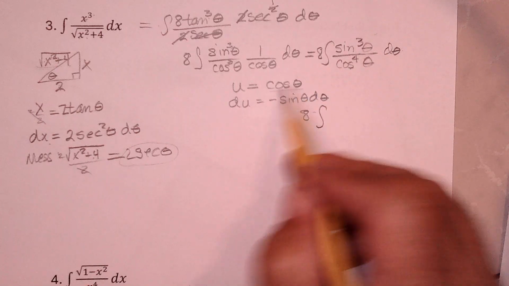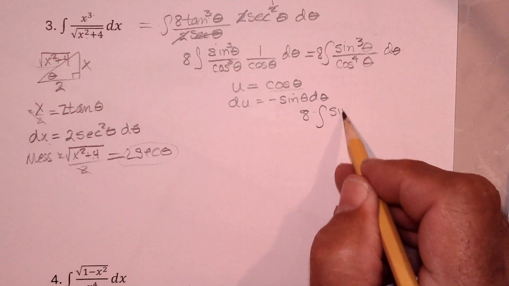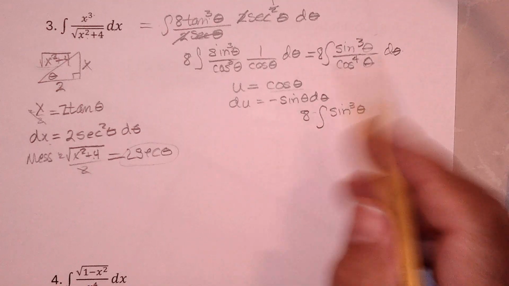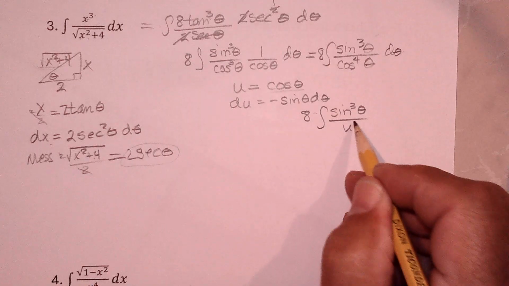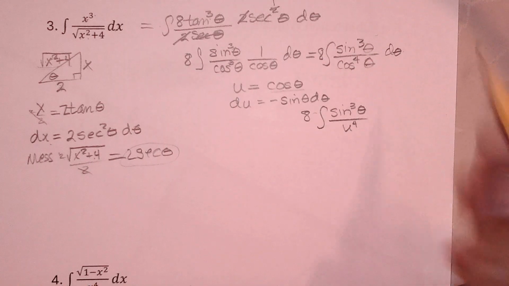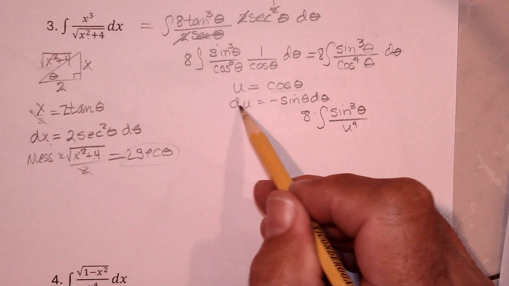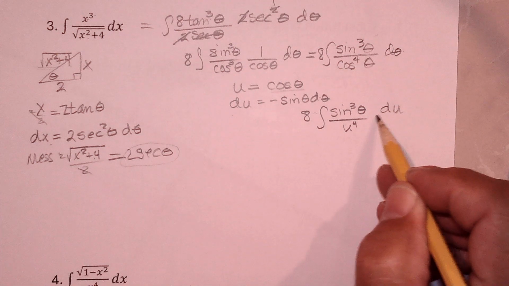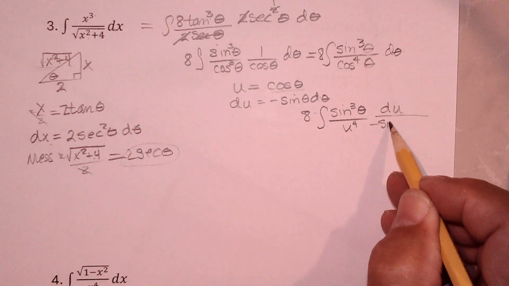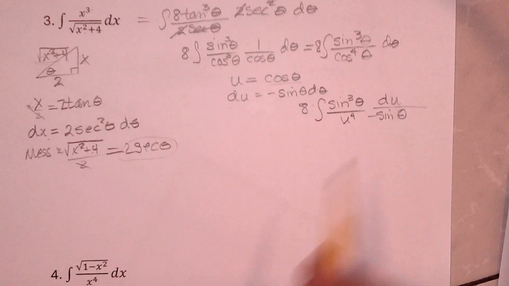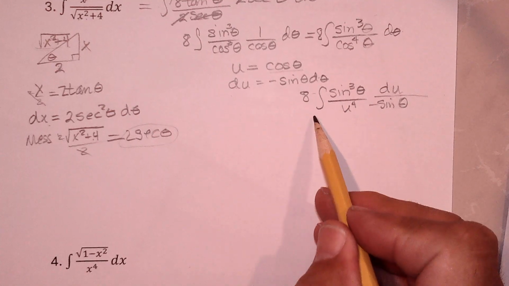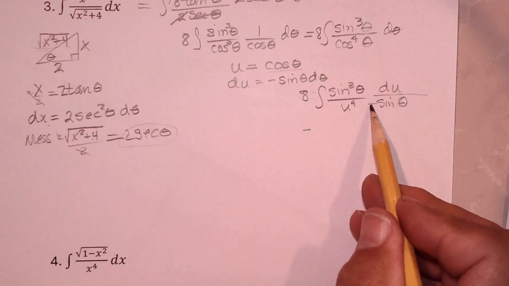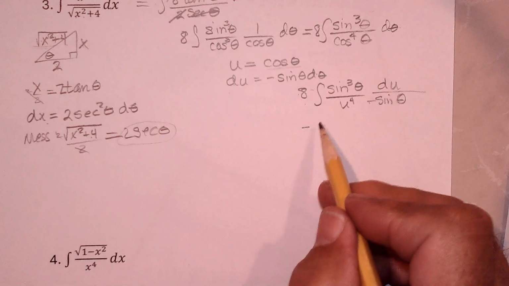I let u be cosine, so I don't have anything for the sine. Cosine is u, so this is u to the 4th, and d theta is du over negative sine theta. So the negative comes out, and it comes out in the denominator, but it doesn't matter, it can go in the numerator.